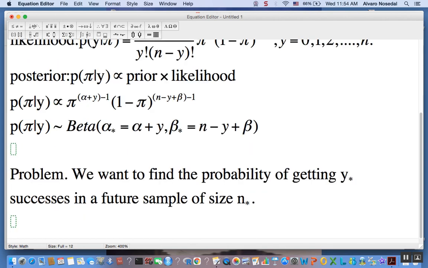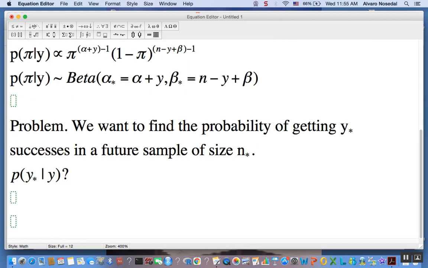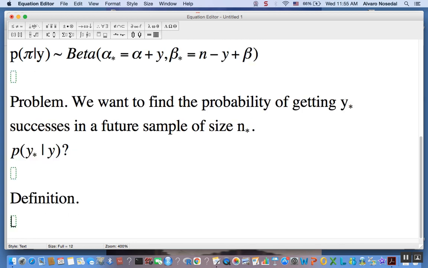So in other words, in mathematical notation, what we want is the probability of seeing y star given y. That's the question that we want to answer. So we know that we will be using the definition of the posterior predictive distribution.